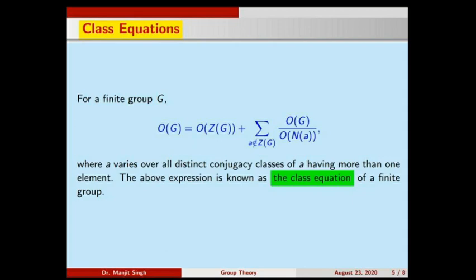It means that the equivalence class of these elements has at least two elements, and you see that the order of G upon this is the order of N(A). In the next slide we are going to prove this.